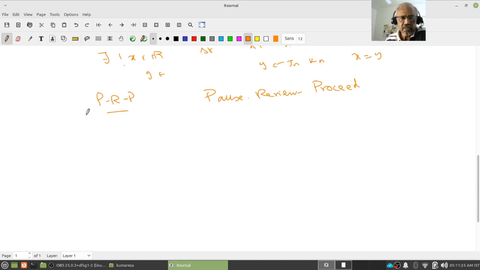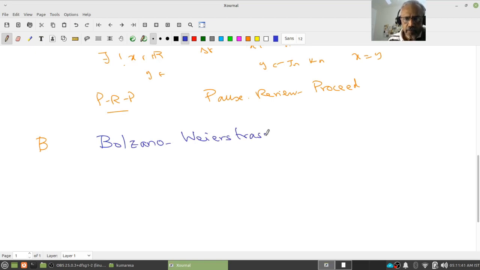So the result we want to prove first is the so-called Bolzano-Weierstrass theorem. This is the first application. What does it say? Suppose I have a sequence xn of real numbers. Let us assume it's bounded. What does it mean?